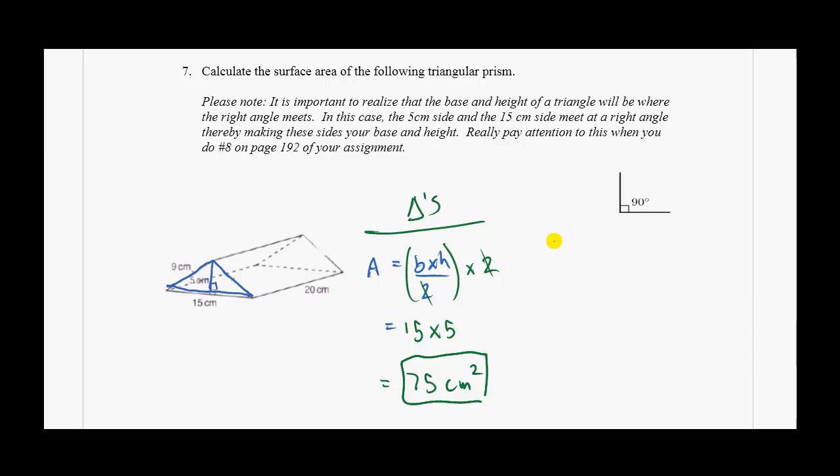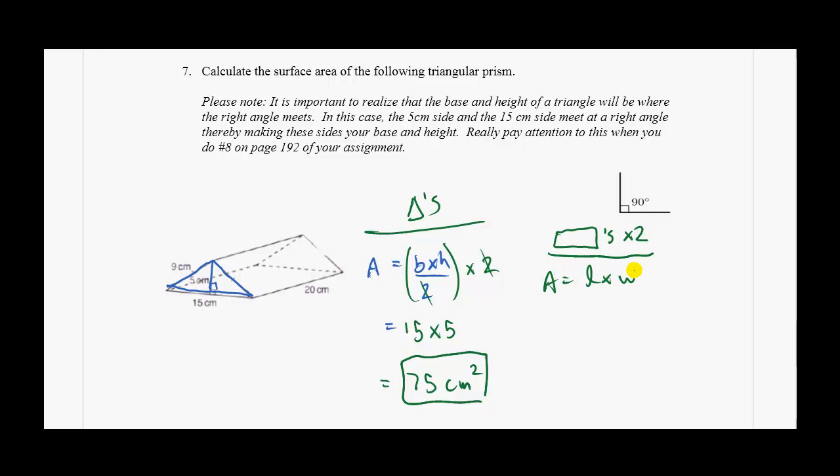We also have 3 rectangles. The bottom rectangle is a 15 by 20, and then the other 2 rectangles are the same dimensions, 9 by 20. Let's start with those 2 rectangles.